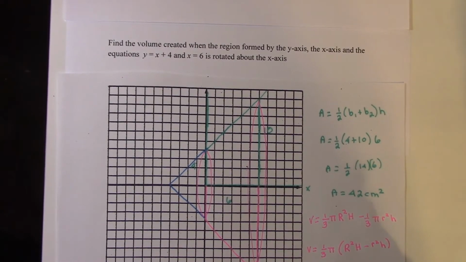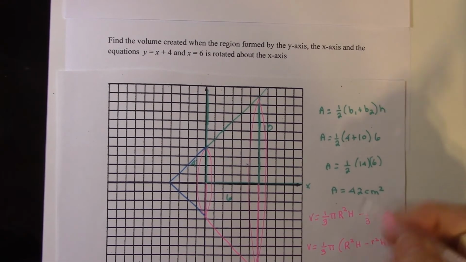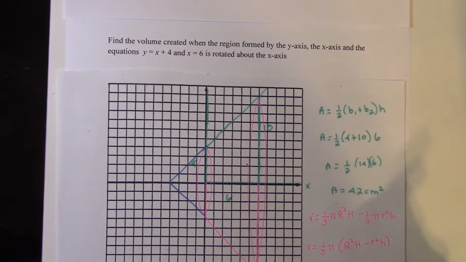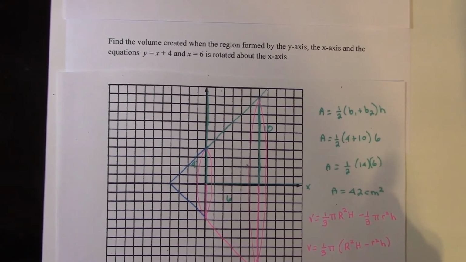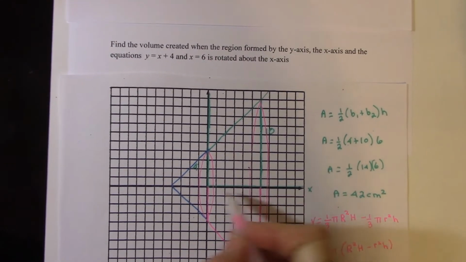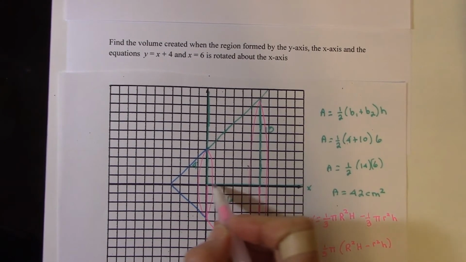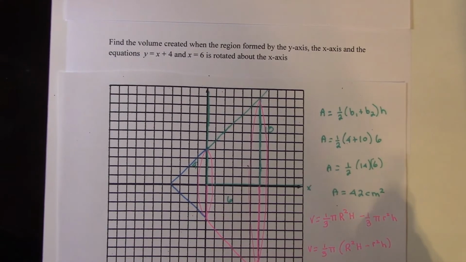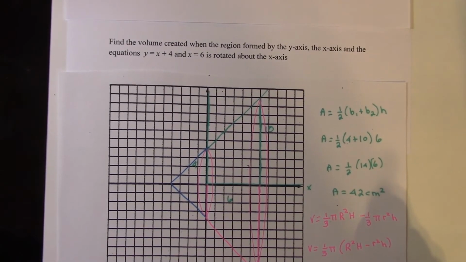So 1/3 pi, the radius of the big cone at the bottom of the cone here is 10. So it's 10 squared, and the height here, we know that this is 6, and then when we count over here, there's 4 more, so that whole height is going to be 10.